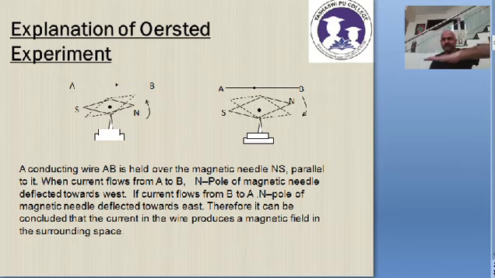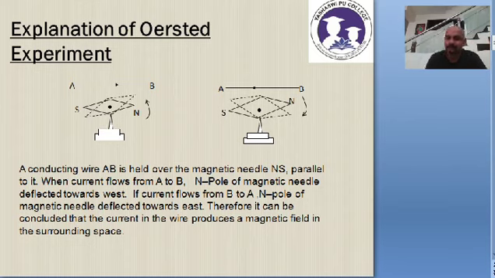So if the current flows from A to B, the north pole of a magnetic needle kept below the wire will deflect towards the left side of the wire. If the current flows from B to A, the magnetic needle will deflect towards the right side.